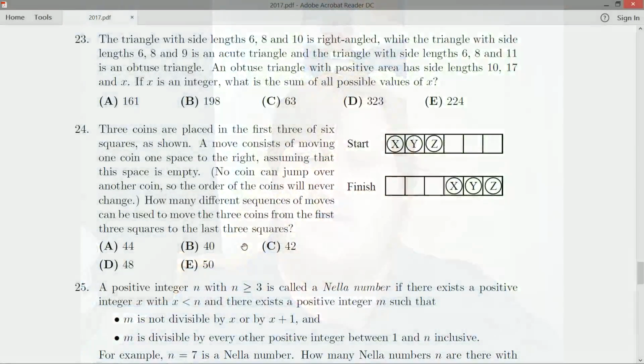Or make sure that we don't think it's 42 when really it's 40 and we've double counted. So that's going to be a challenge, and I don't think we're probably meant to enumerate them all. Which means, if we're not going to write them all out, what could we do?